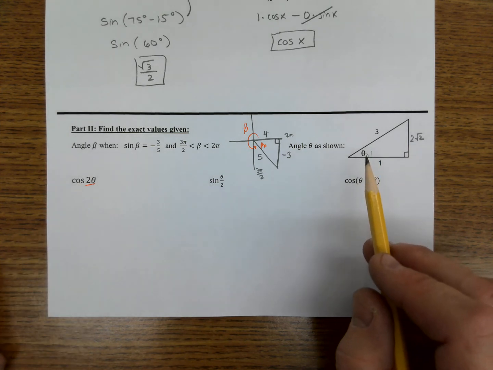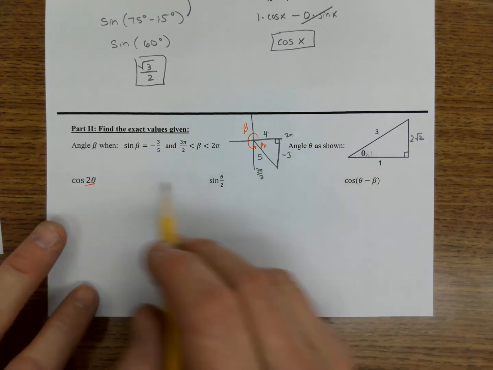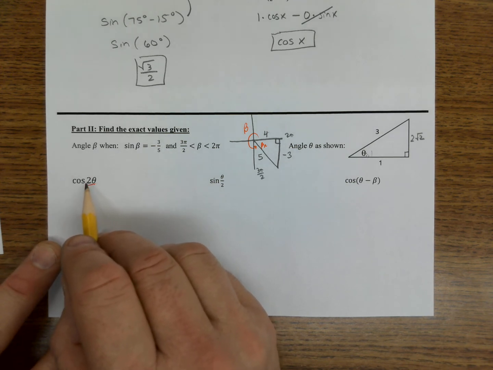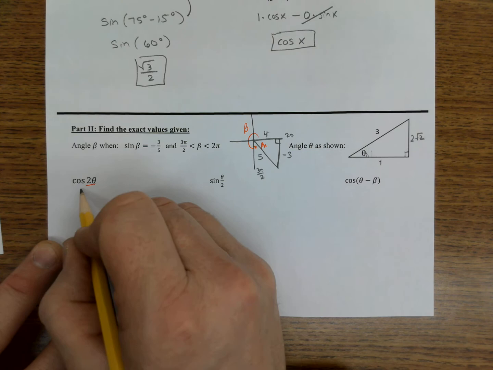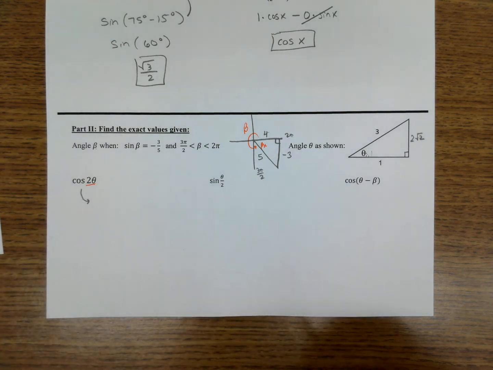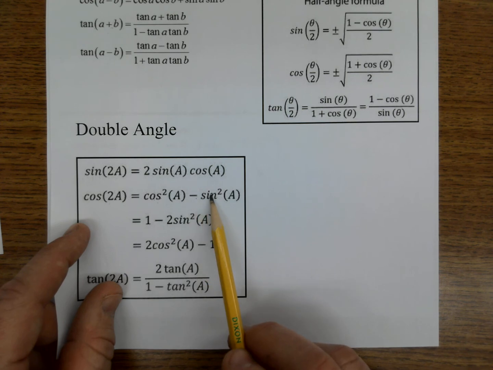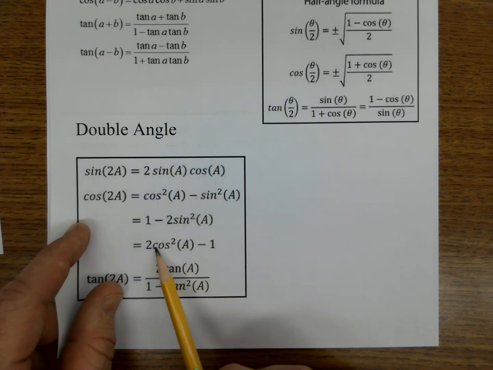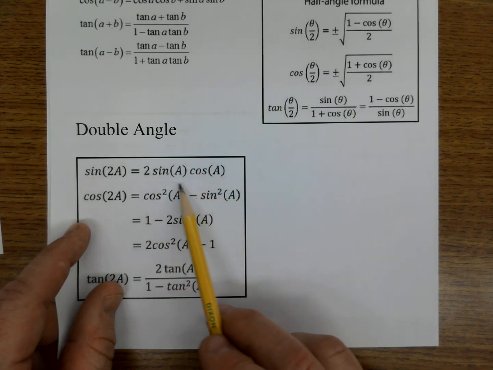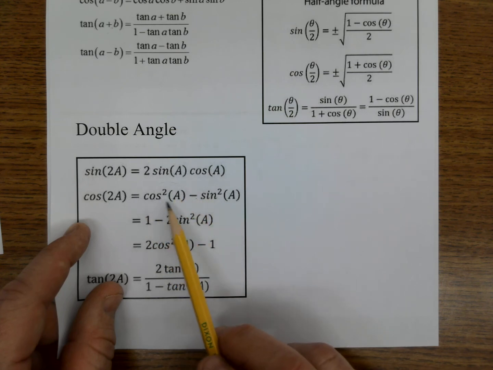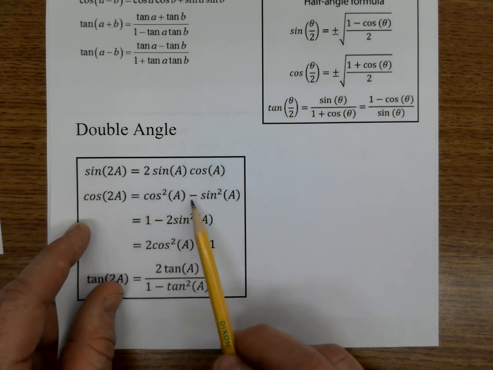Well, let's see here. 2 theta would be, hey, that's a formula here: cosine squared minus sine squared, or this formula, or this formula. This one's pretty easy. If we don't have anything else going on, I can just find the cosine and sine.